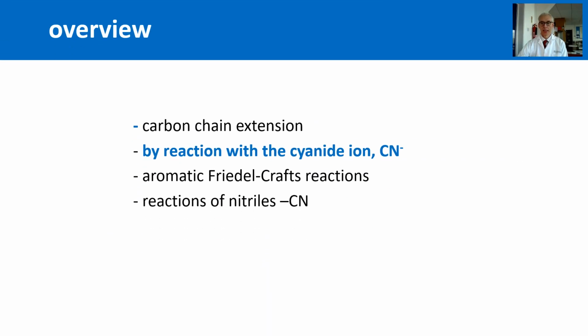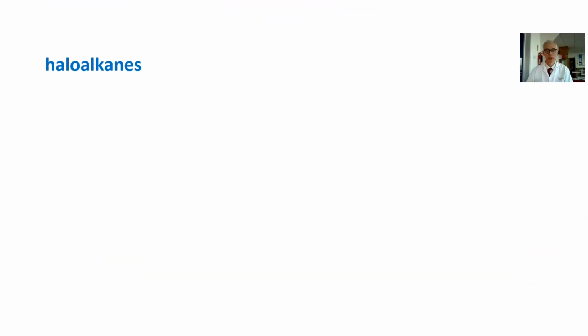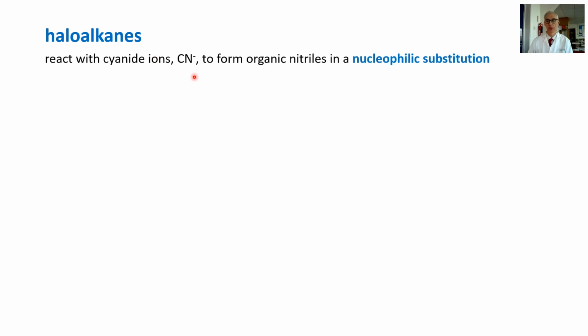So earlier in the course you will have met 2 reactions of the cyanide ion, both of which result in a carbon-carbon bond formation, and we are going to review both of those. So haloalkanes react with cyanide ions to form organic nitriles in a nucleophilic substitution, and we will take the opportunity to review the mechanism of nucleophilic substitution in the next few slides.